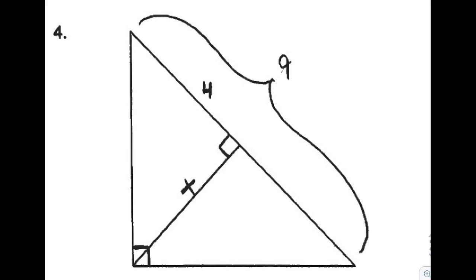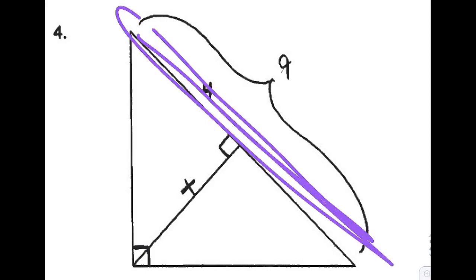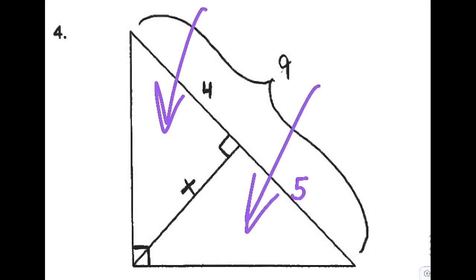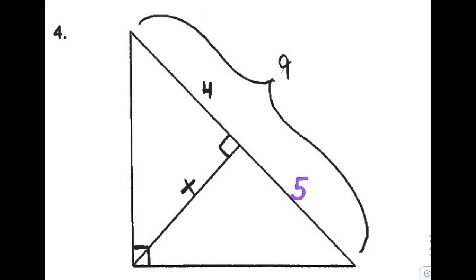And number 4 is just turned a little bit upside down. You can even turn your paper and have this be the bottom if you wanted, so it looks like the rest of them. And it almost looks like it's in the middle here, but if this is 9 and this is 4, then this has to be 5, which means that this is the small triangle and this is the medium one, because 4 is just a little bit smaller than 5.